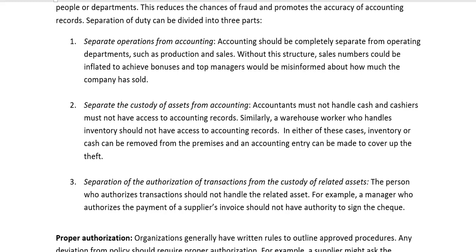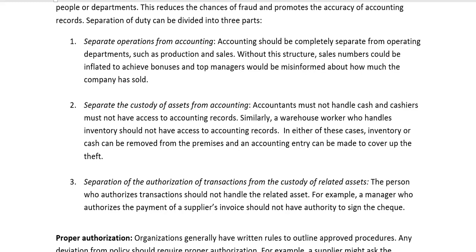So again, if somebody wanted to steal either cash or an asset from the company, it would be very easy if you had access to the company computer where you could make a journal entry to cover that up.